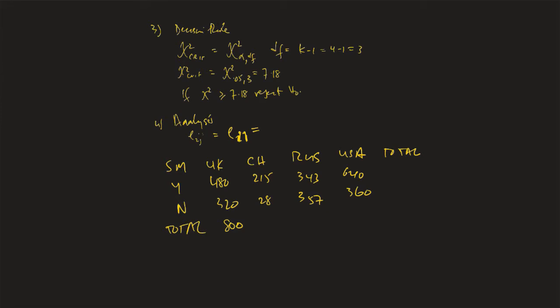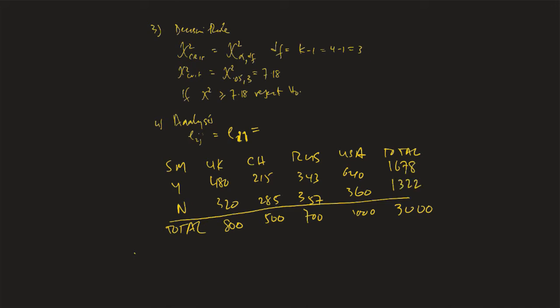Our column totals: 800, 500, 700, and then 1000, which gives us a total of 3000 if we add them all across. And then this gives us 1678, and this gives us 1322.